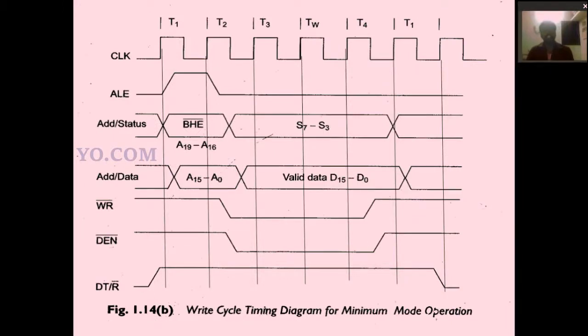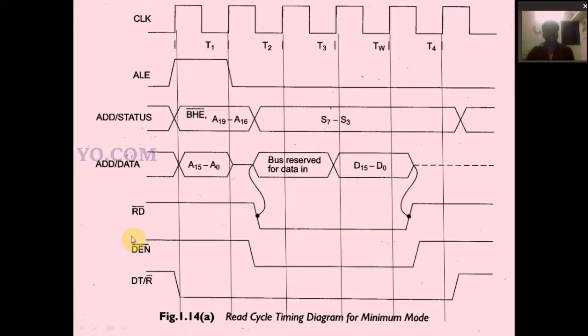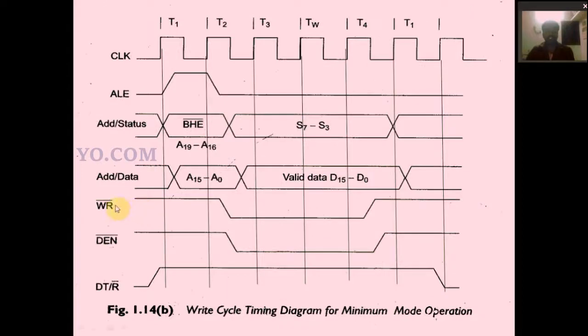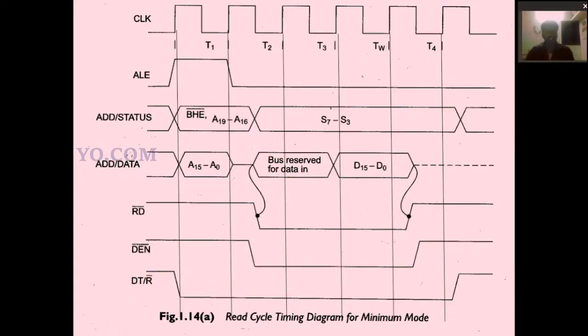The read cycle and write cycle are both the same, so the only difference is the control signal. In read operations we are using RD bar, in write operations we are using WR bar. That is the first difference. And the second difference is the direction. DT bar R bar in the read operation is 0, that means low level. Okay, right.